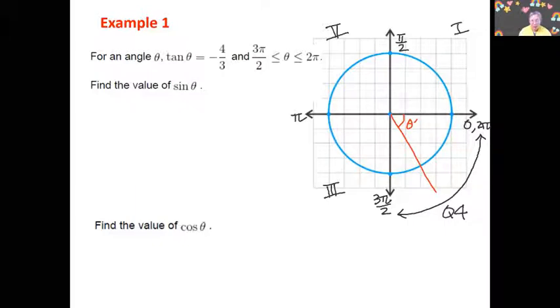So now I have the apostrophe on top of it. Then also I can construct a right triangle in quadrant 4 that way. Where is the right angle of the triangle? Right here. Then where is the angle theta and its reference angle?